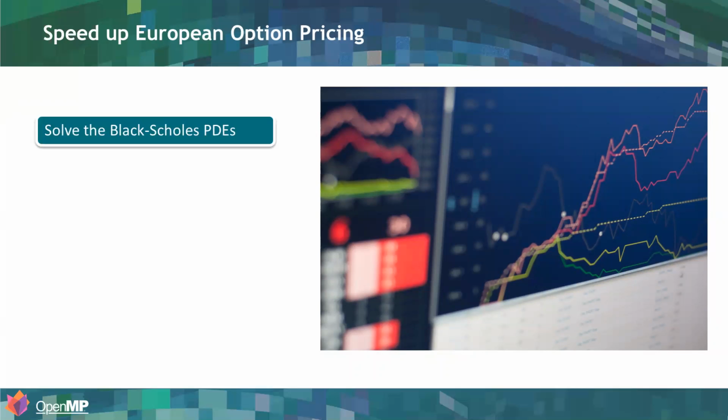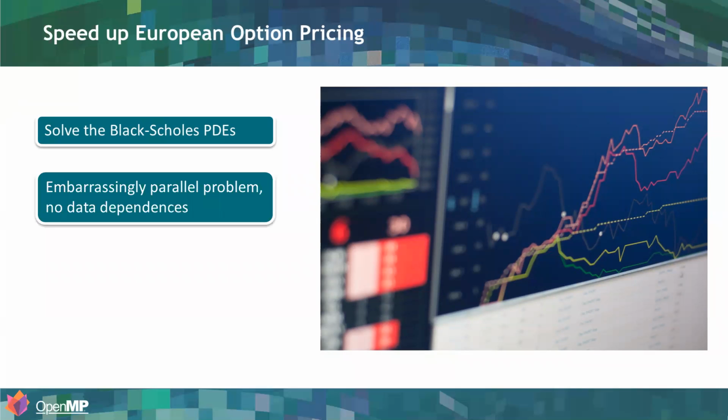This pricing is calculated by solving the Black-Scholes partial differential equations, which were developed already in the 70s, in order to predict the price of a European option. This problem is embarrassingly parallel.